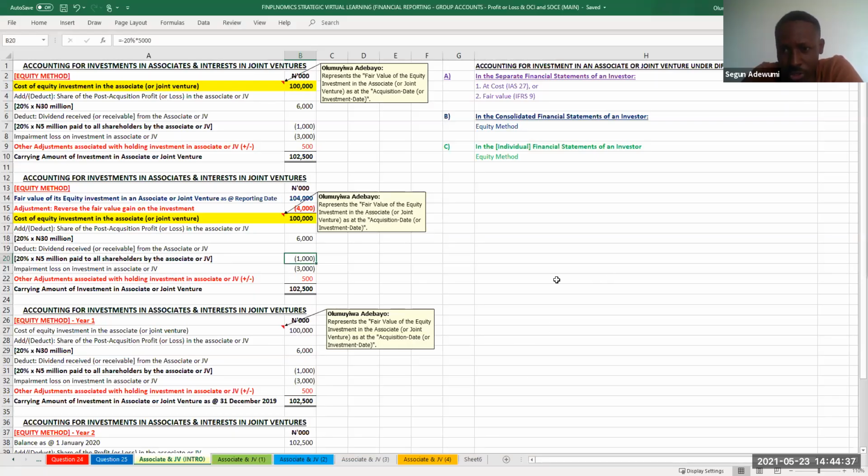For the joint venture, we also use the equity method to account for it in the investor's account.